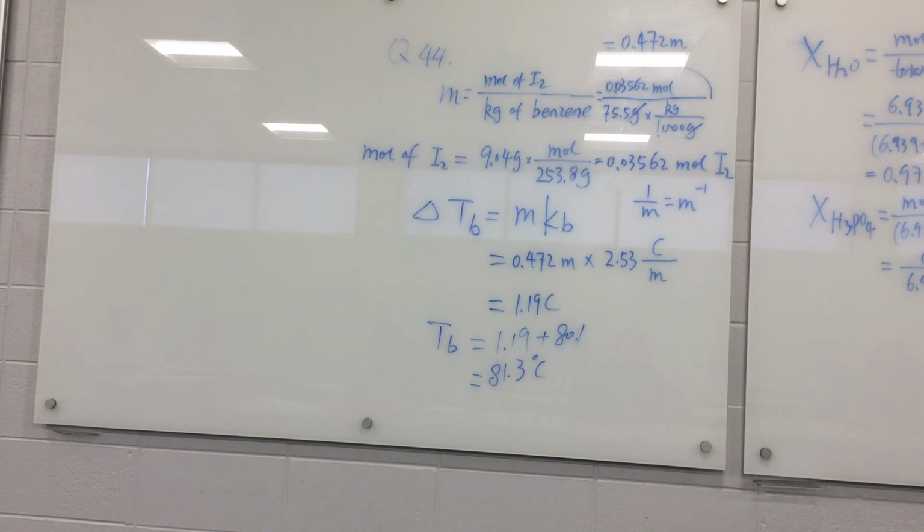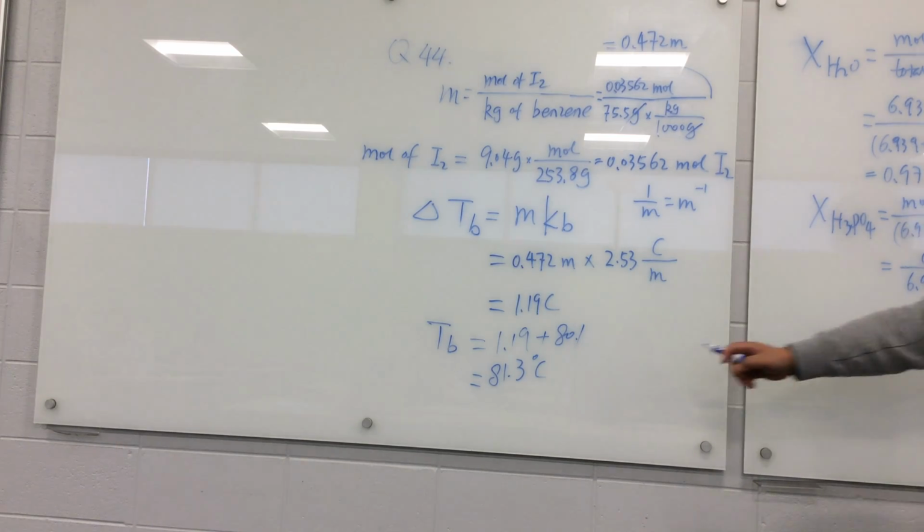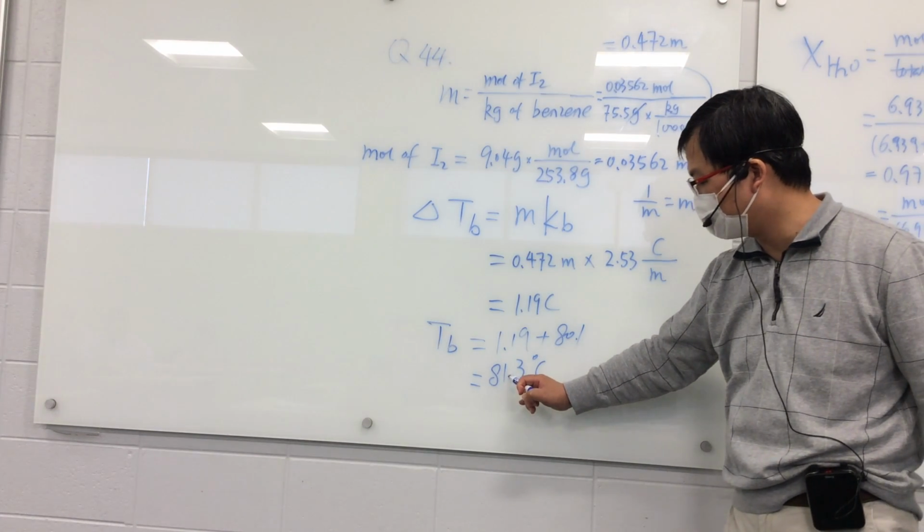So during the calculation, you always want to keep one more digit than necessary. But at the end, you keep the right number of significant figures. So here, you see, each of them has 3 significant digits, right? Therefore, for the final result, we will also keep 3 of them.